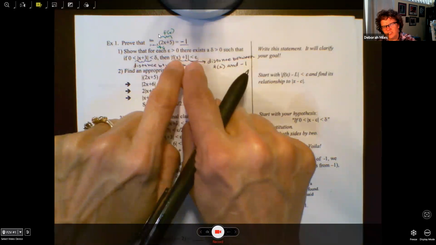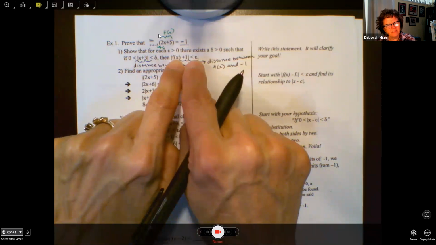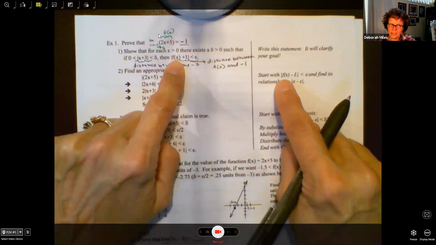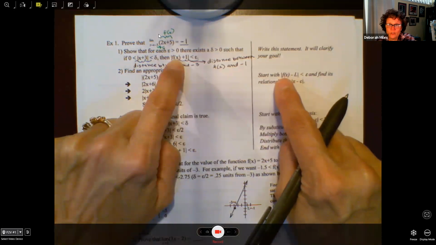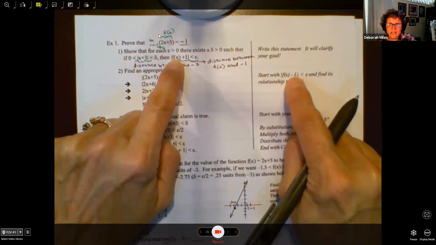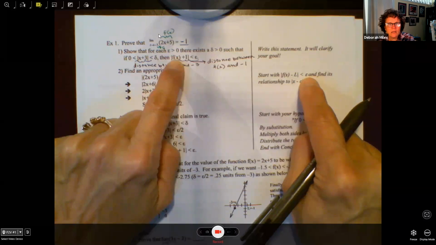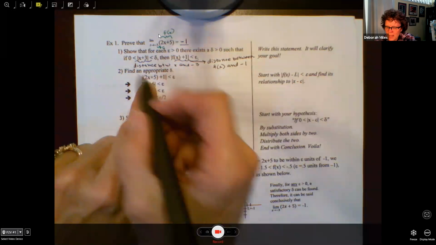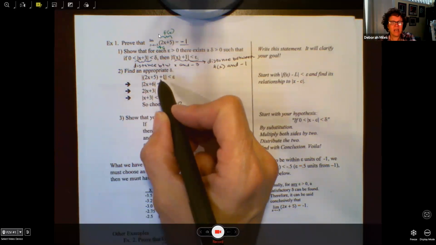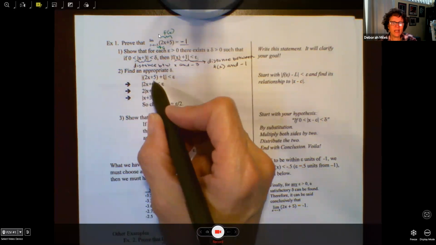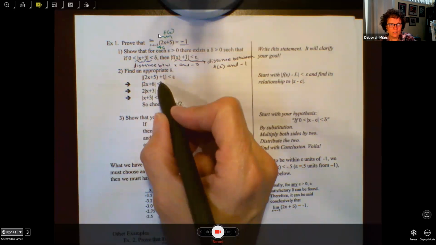All right, at first you're just kind of copying stuff down. You just go, okay, she said, I don't know why, she said to start with the absolute value of f of x minus L is less than epsilon. So here's my f of x minus -1. And the only reason that's plus 1 is because the difference between f of x and -1 is f of x minus -1.